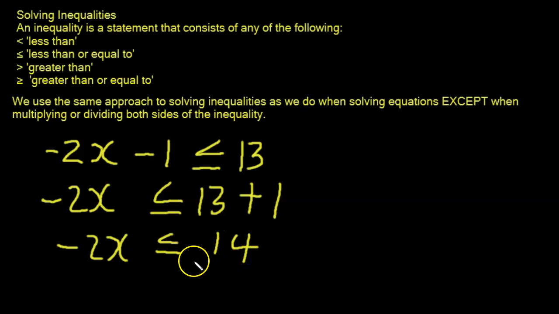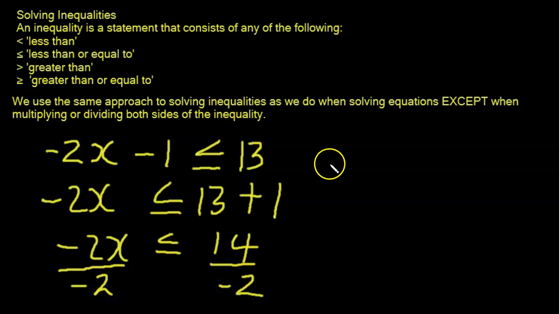And now we want to get rid of the minus 2. Just like solving an equation, it's all about isolating the x, getting the x by itself. So you need to get rid of this negative 2, and hence we divide both sides by negative 2. So negative 2 divided by negative 2, we end up with just x, because negative 2 upon negative 2, that's positive 1, right?